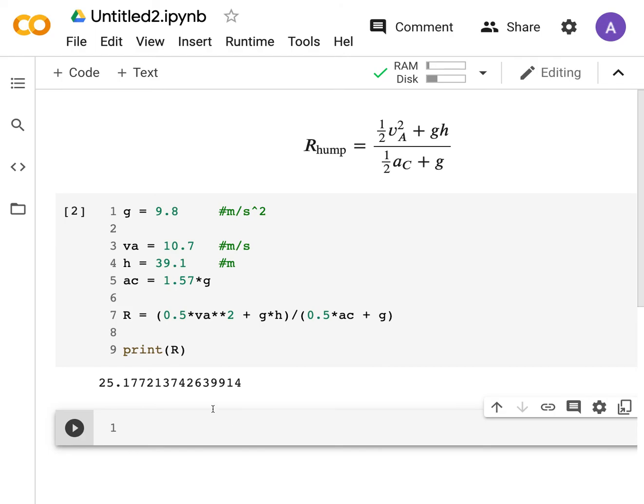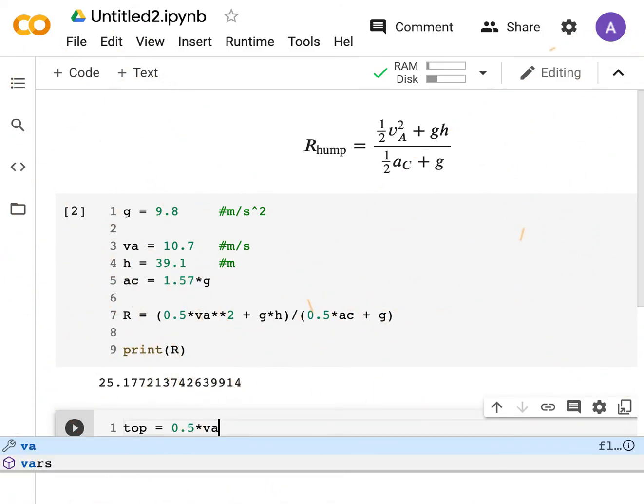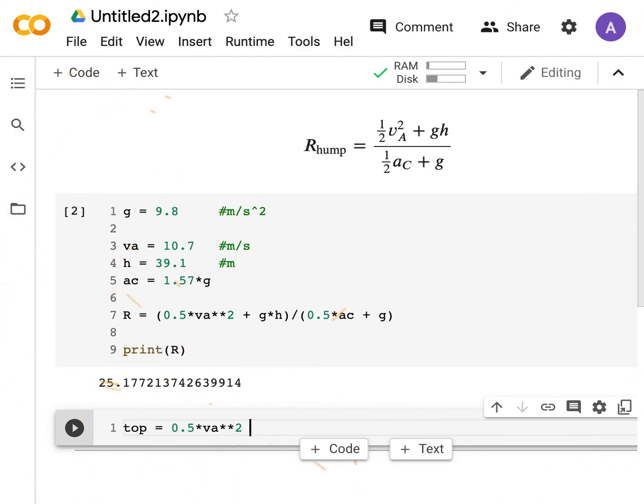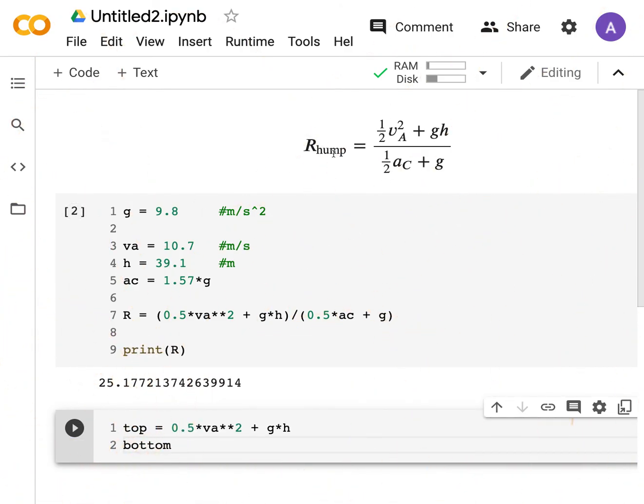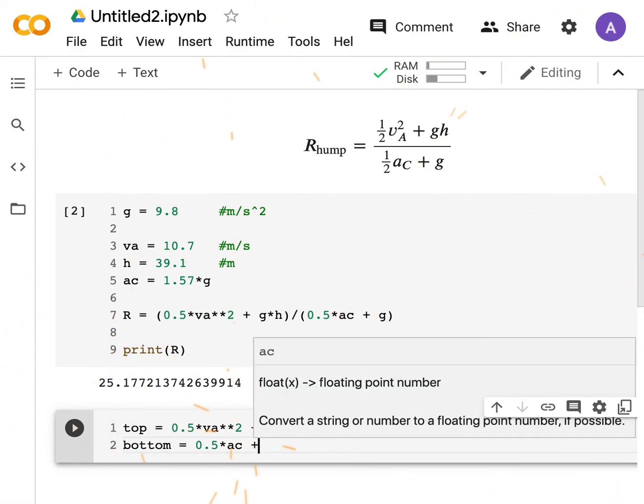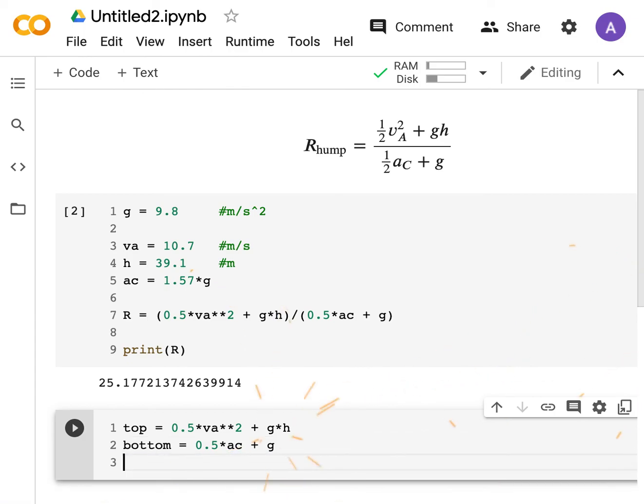Another way you could solve this, if you don't like having all of this on one line, you could define intermediates. So you could say, well, the top is 0.5 times VA squared plus g times h, and the bottom is 0.5 times AC plus g, and then I could say R is the top divided by the bottom.